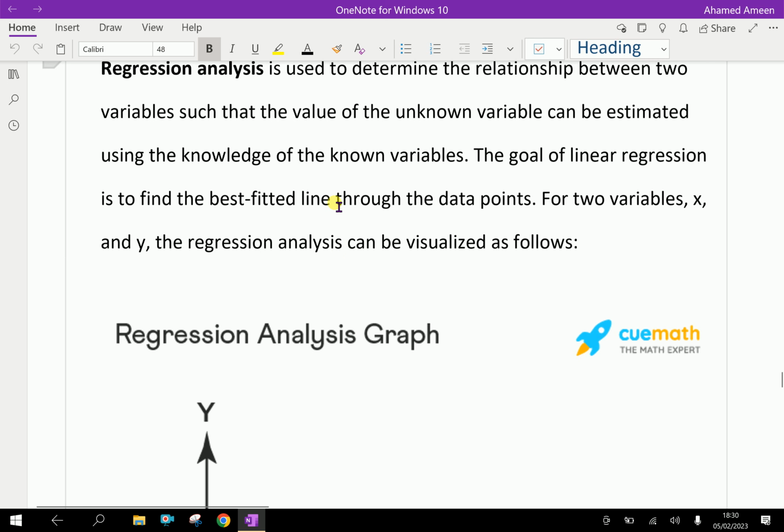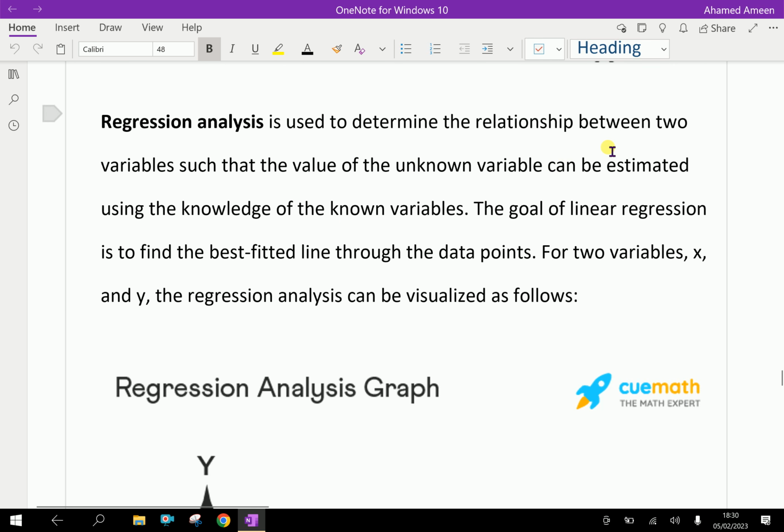Regression analysis is used to determine the relationship between two variables, such that the value of the unknown variable can be estimated using knowledge of the known variable. That means one variable is given, and we find how the other variable is related to it. The goal of linear regression is to find the best fitted line through the data points.